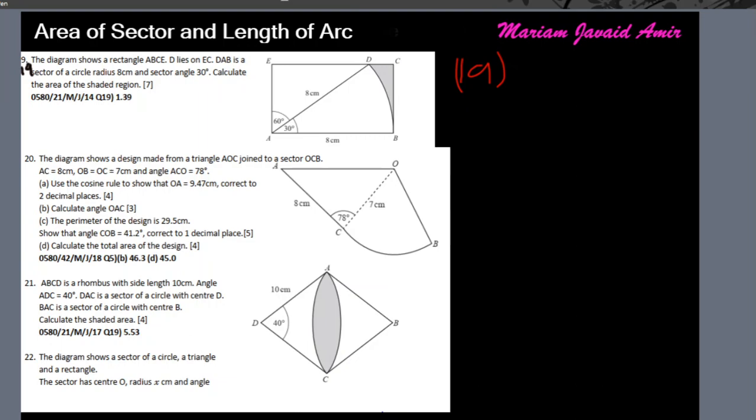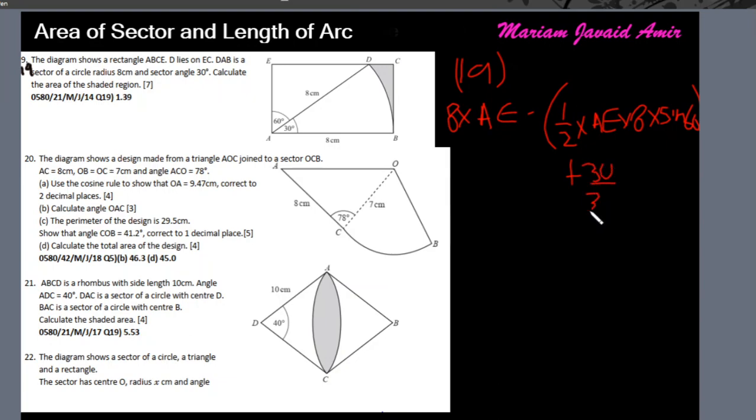So that's a rectangle, the outermost region. So area of the shaded region will be area of rectangle, which is 8 times AE, which we don't have, minus area of the triangle, which is half times AE times 8 times sine 60, and plus area of the sector, which is 30 over 360 into 2 pi r.